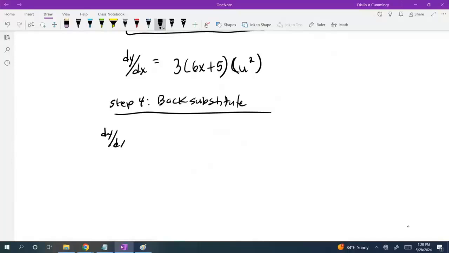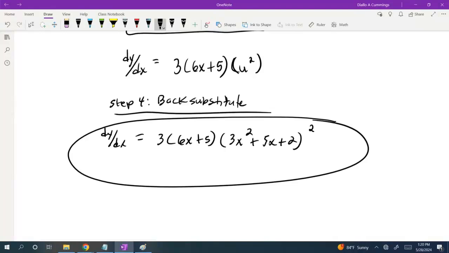So we have dy dx equal to 3 times 6x plus 5, and we back substitute u as 3x squared plus 5x plus 2 quantity squared. And this is our derivative. Now in these instances, we can leave the derivative in its factored form. We don't actually have to go the extra step and multiply all of these factors together.